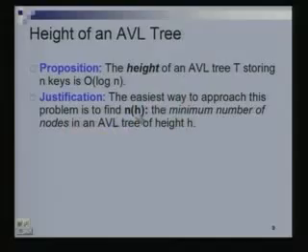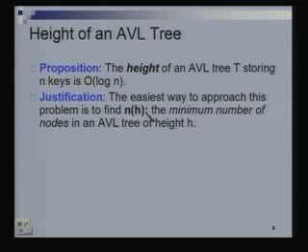So I define this quantity n of h as the minimum number of nodes in an AVL tree of height h. Let's figure out what this quantity is, and then we'll see how this implies this proposition. Everyone understand what I'm saying? So given an AVL tree of height h, we want to find out the smallest number of nodes it has.